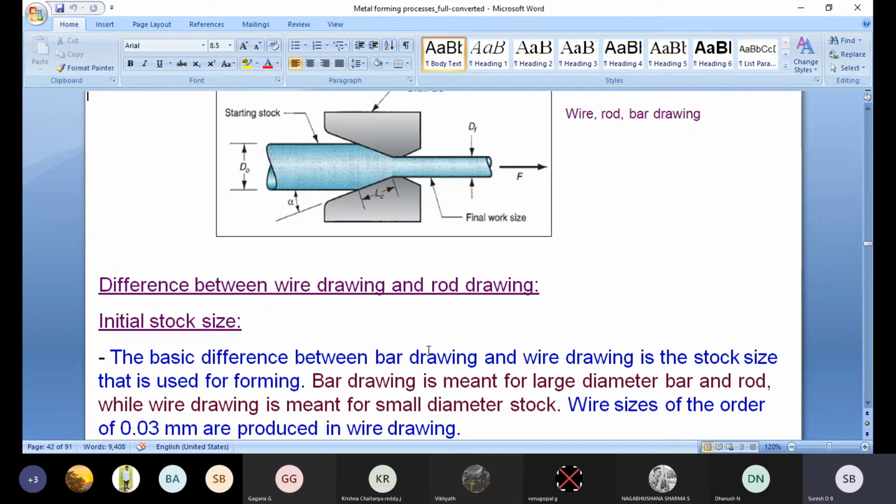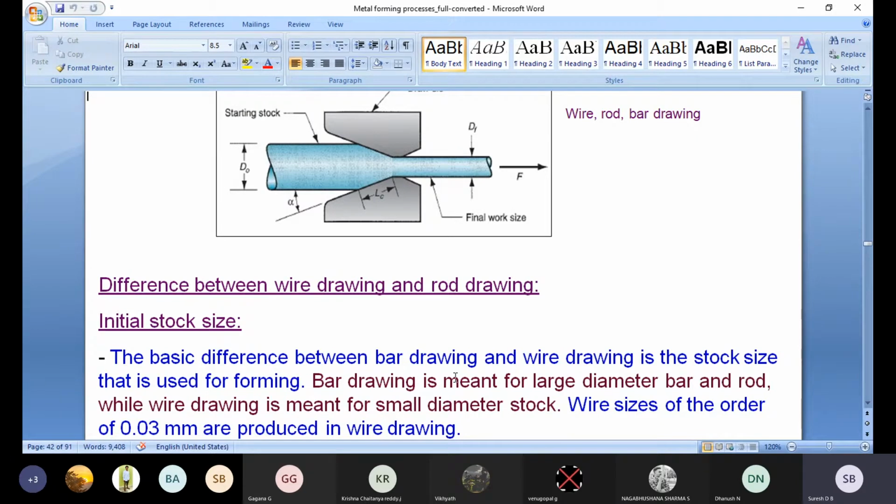The length of the specimen is very small compared to the wire. Wire length is maximum compared to the rod or bar, but the diameter of the wire is very small compared to the rod. The rod diameter is maximum compared to wire, but the length of the rod or bar is very small compared to wire.